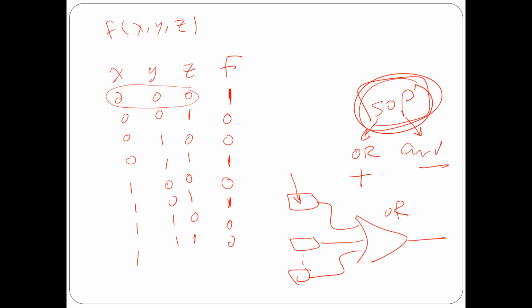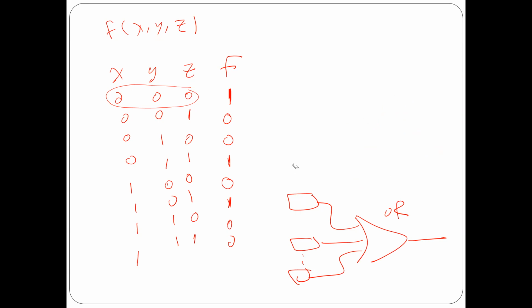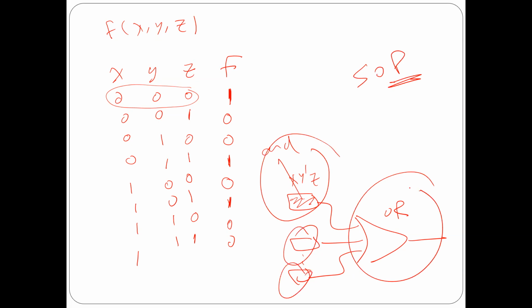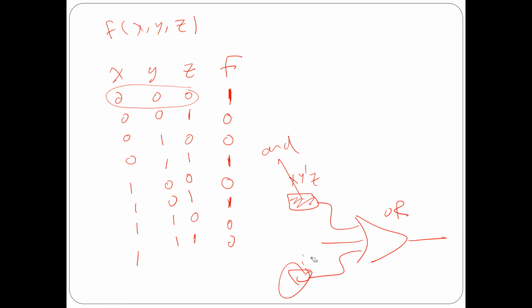So this is the format of it. We have here one term. This term, for example, can be x, y prime z. So here we use and. That's why you call it sum of product, because this is product, and then I do sum here. That's the meaning of it. Or I'm going to do or for and.